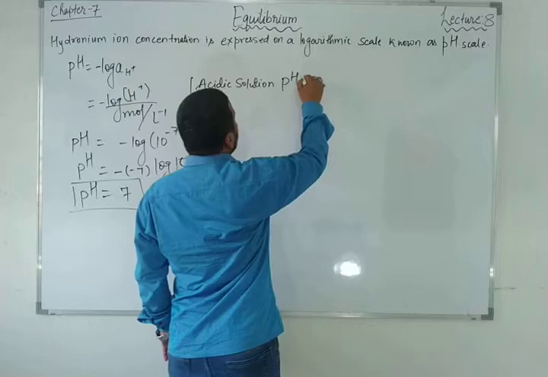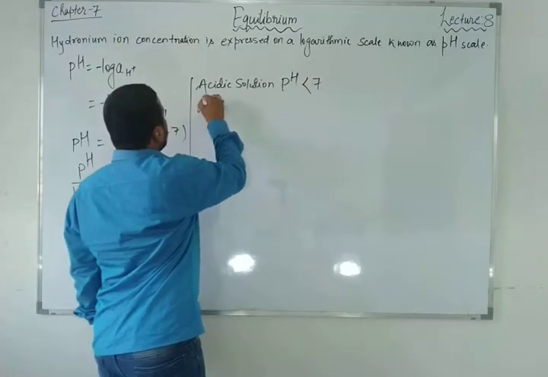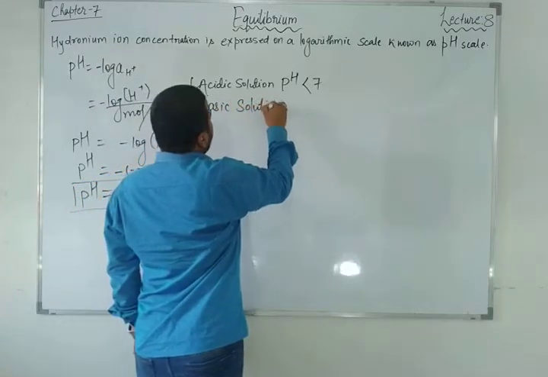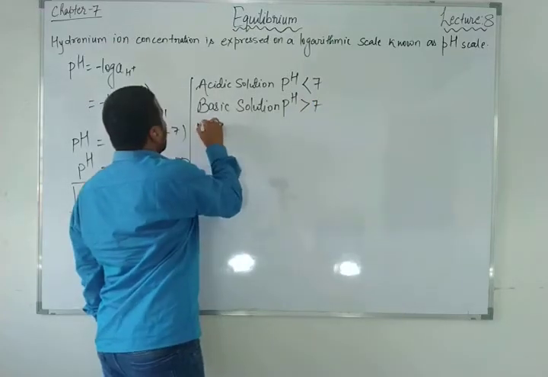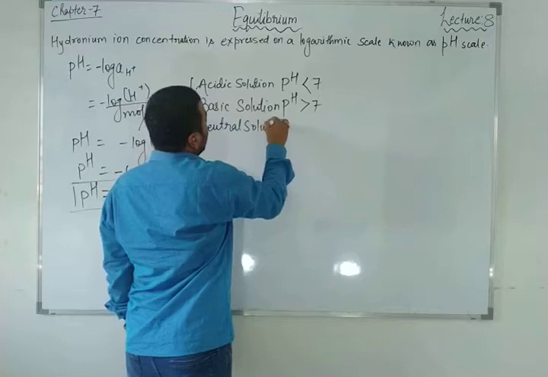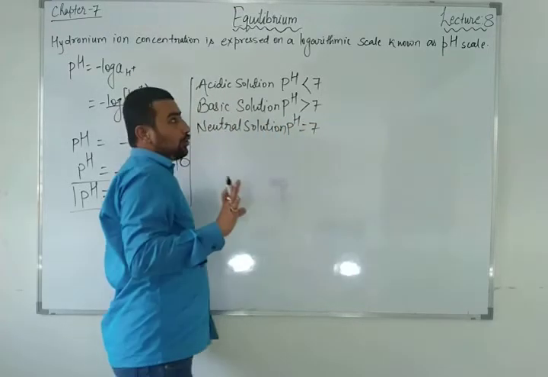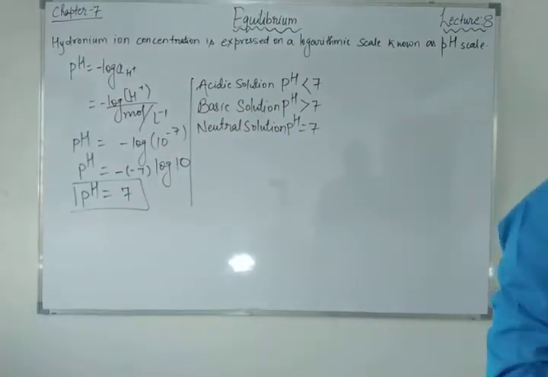It is less than 7, right? Basic solution pH value is greater than 7, and neutral solution pH value is equal to 7, right? These things you know, I think, from 7th standard also. These are all the things we have studied.